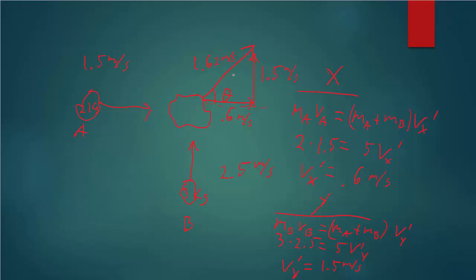And if I want to know that angle there, well, theta is going to be the inverse tangent or arctangent of opposite over adjacent, 1.5 over 0.6, and that comes out to be 68.2 degrees. So we're able to find exactly how this is moving just by conserving momentum in each direction separately. Alright, let's move on to a little more difficult problem.